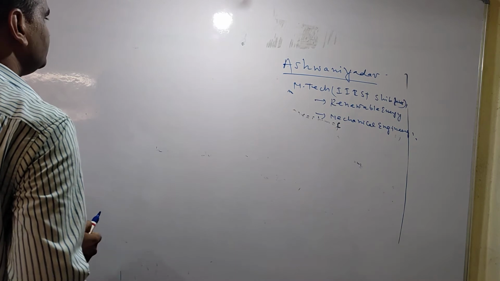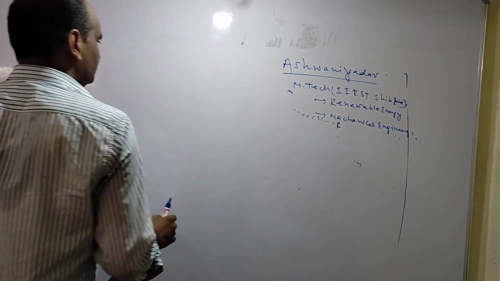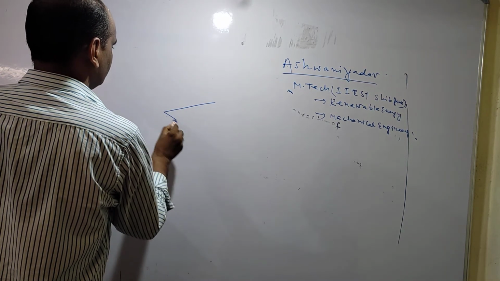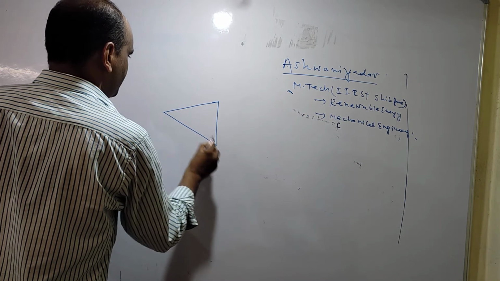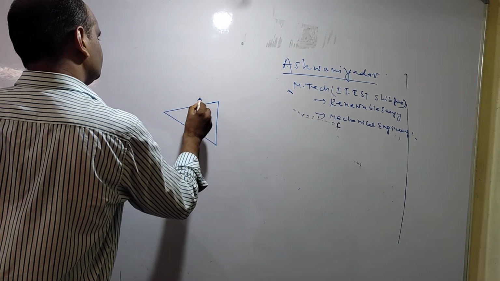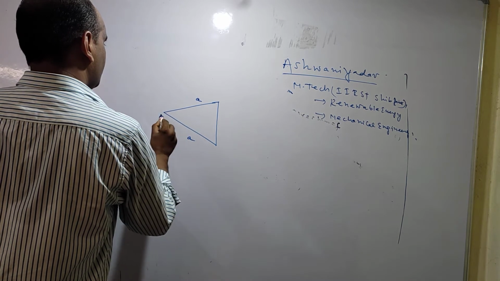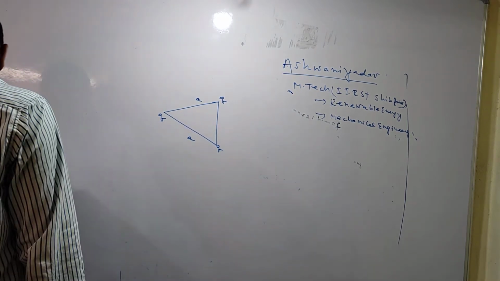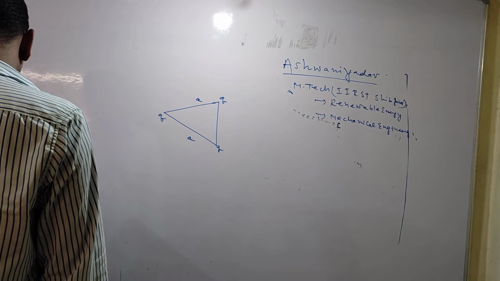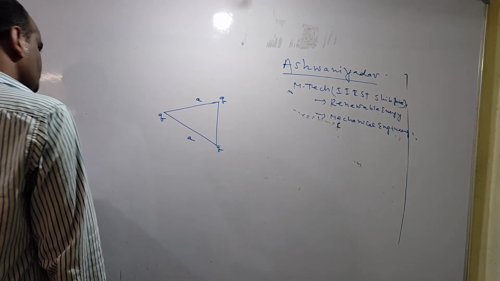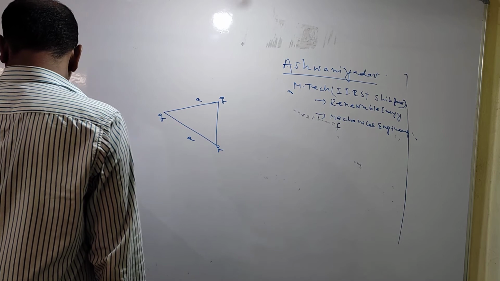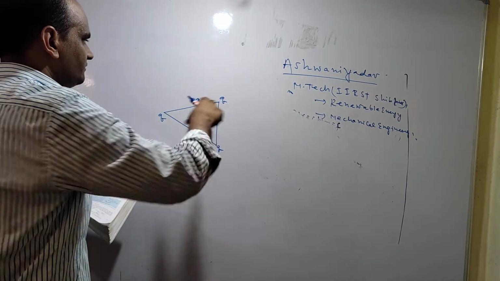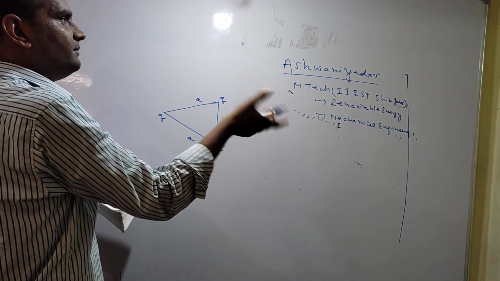Just think in 3 dimensions. We have an equilateral triangle of side A, with charges Q, Q and Q, and it is suspended like this by a common point.